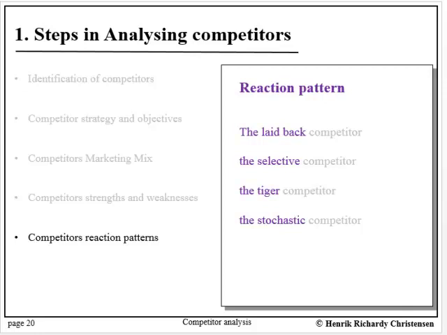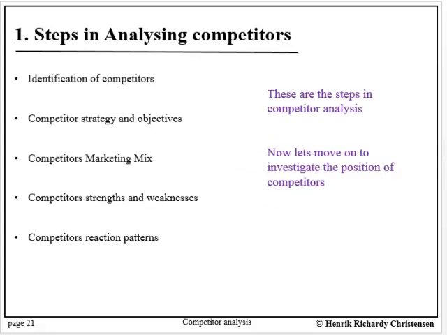They can be laid back, they can be very selective on what they fight against, they can be a tiger, they more or less fight fiercely for their survival, and the stochastic competitor, not knowing what they are reacting upon. So these steps: identification, strategy, marketing mix, strengths, weaknesses, reaction patterns, they are the steps.